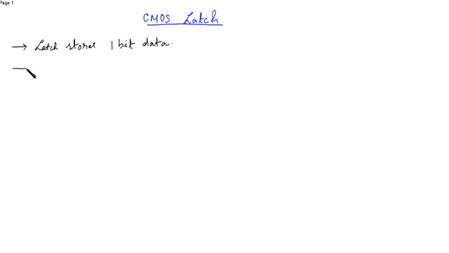In this lecture, we will learn about the CMOS D-latch. There are many methods by which we can model a latch by using NOR gates.